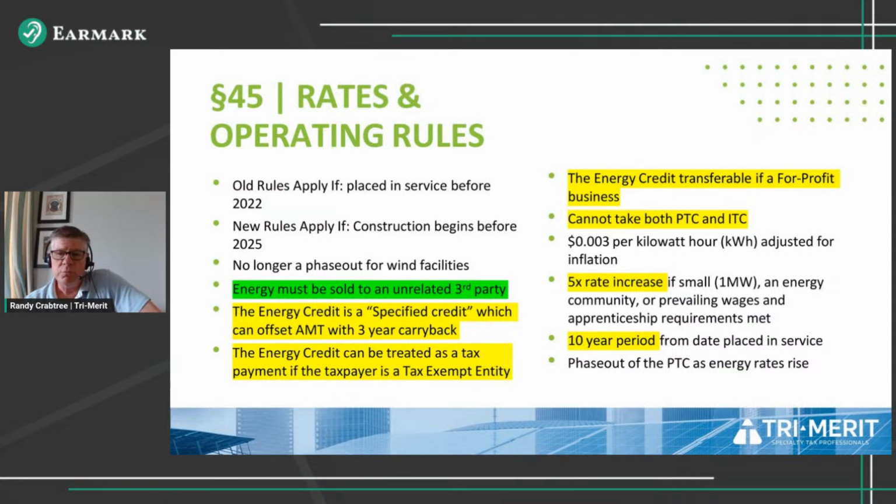So let's talk about the rules then for this. This is a production tax credit. Production tax credits are not as easy to estimate the value. When we talk about the investment tax credits, we're going to have a mindset of thinking of a 30% credit based on the dollars invested into that product. We're going to talk about how that can get as high as 70%.